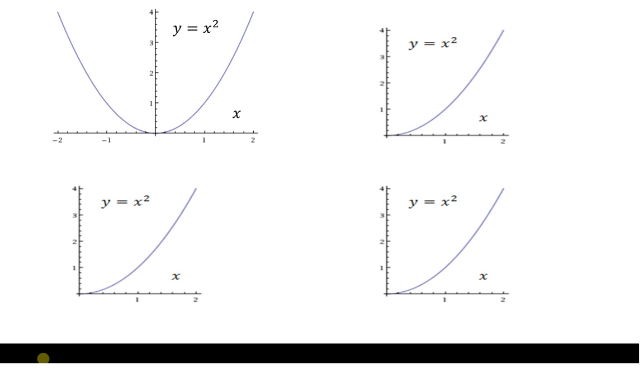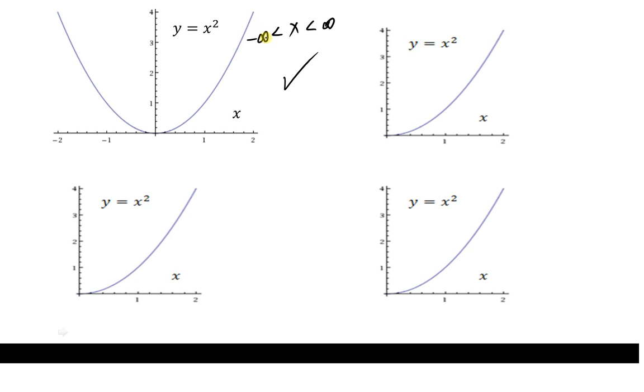Now here are 4 examples of a function that's principally y equal x squared on various domains. The first one is y equal x squared for x between minus infinity and infinity.